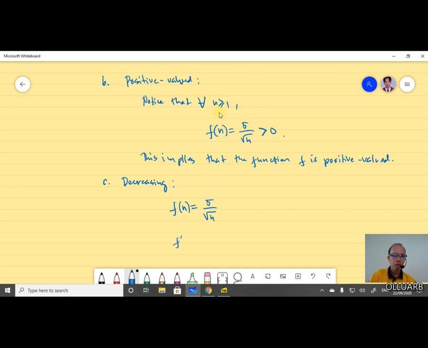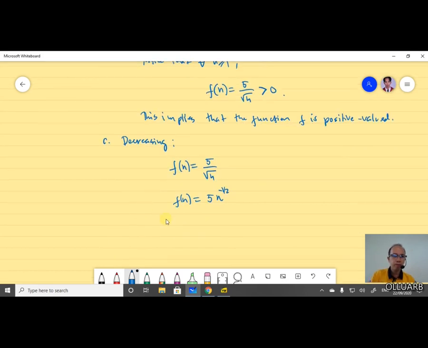If you simplify, this is equal to 5 n to the negative 1/2. And if you get the derivative with respect to n, this is negative 5 over 2, n to the negative 1/2 minus 1, which is negative 3/2.